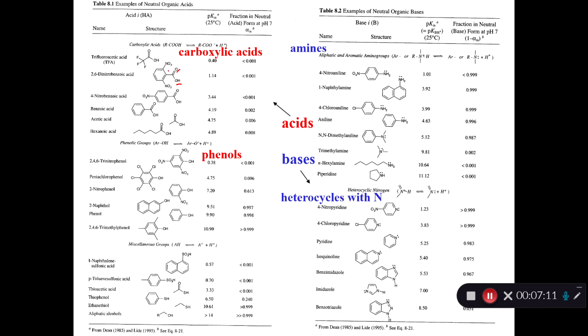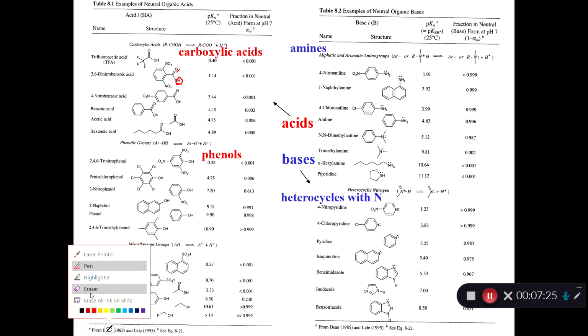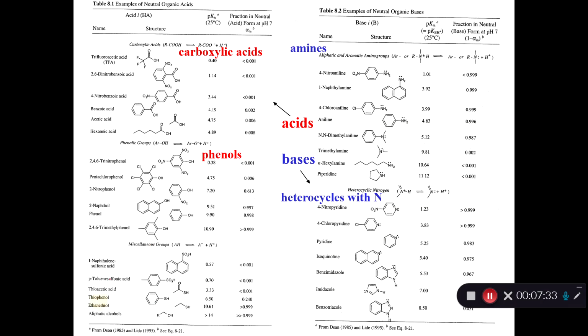Put 2 nitro groups on it, and you've got yourself a 2,6-dinitrobenzoic acid. This proton right here is the one that can get lost, and this chemical becomes negatively charged. Instead of a carboxylic acid, it's a benzoate, excuse me. Benzoic acid, benzoate.